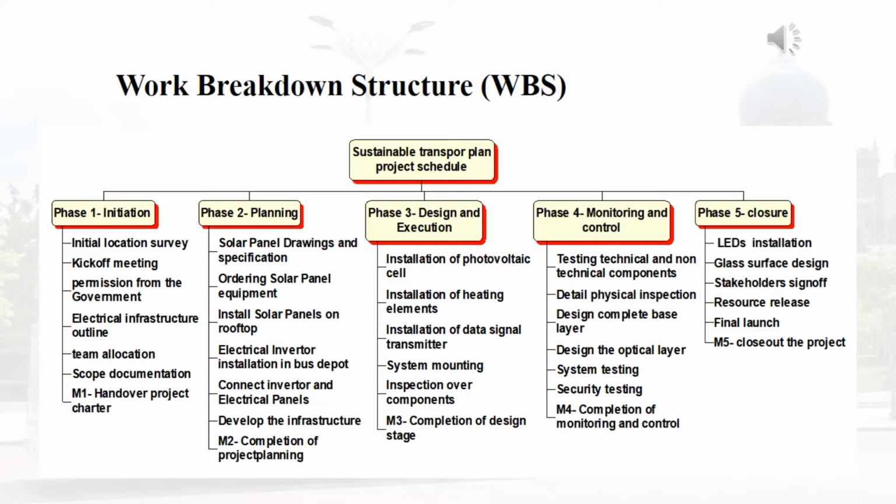For this project, the project schedule for the sustainable transport plan is divided into 5 phases. Phase 1 initiation, phase 2 planning, phase 3 design and execution, phase 4 monitoring and control, and phase 5 closure. And the details are given below.